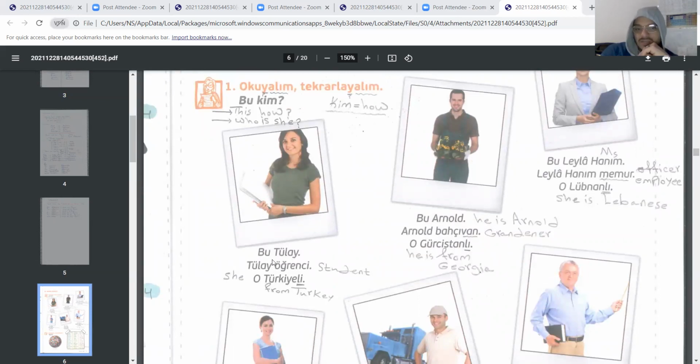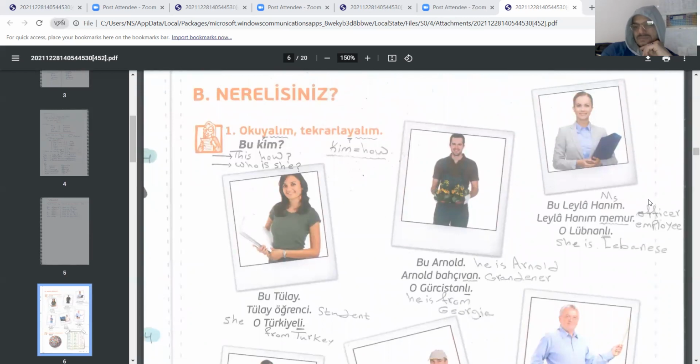She is Tolay. Tolay is a student. O Türkiye'li, from Turkey. Bu Arnold, Arnold bahçıvan. He is Arnold, gardener. O Gürcistanlı. He is from Georgia.